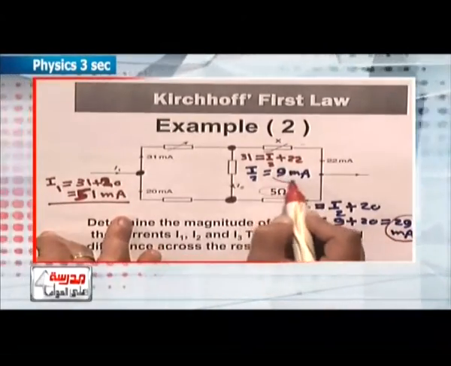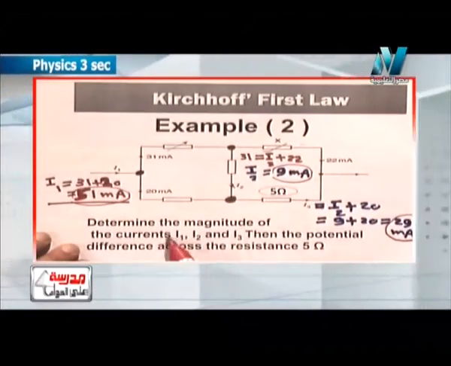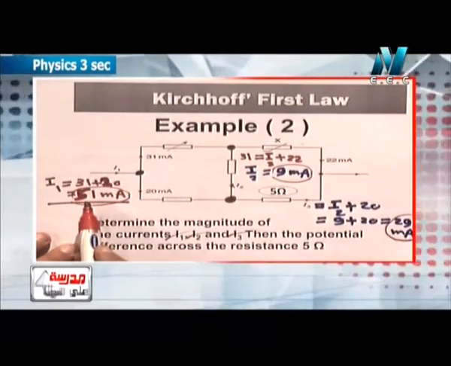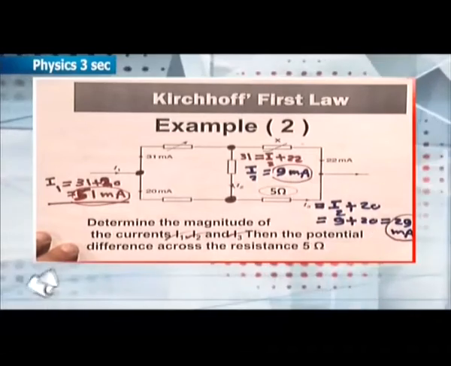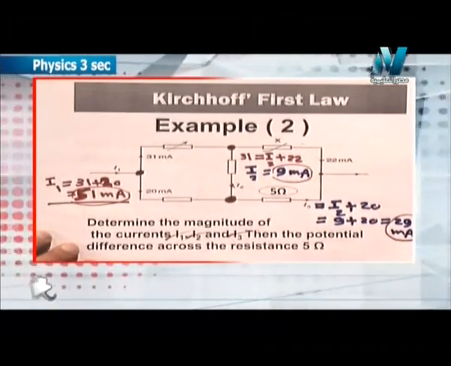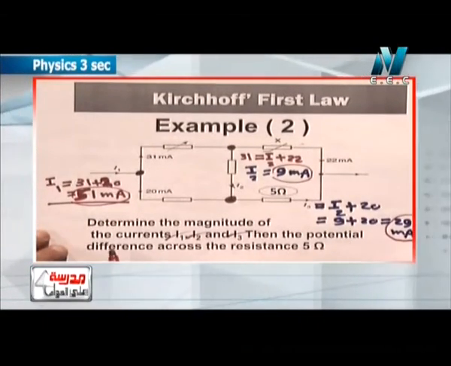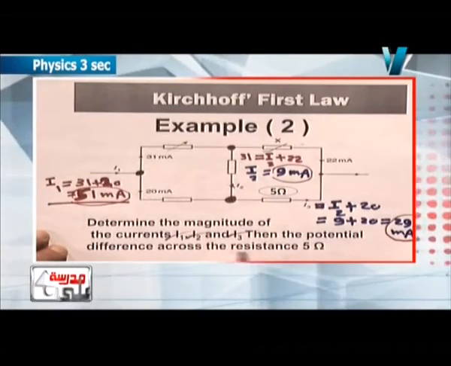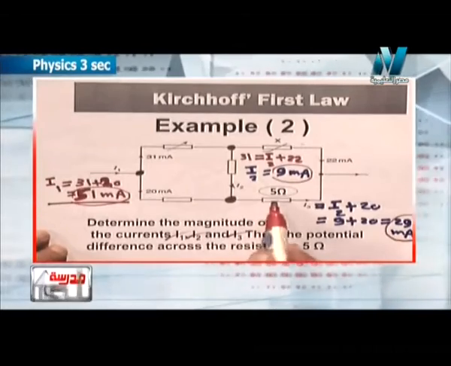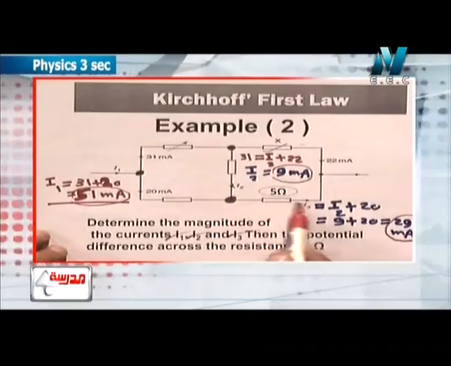So now we calculated all the unknown currents I1, I2 and I3: 51, 9 and 29 milliampere. What next? He wants the potential difference across the 5 ohm resistance. Passing through it is the current I3.